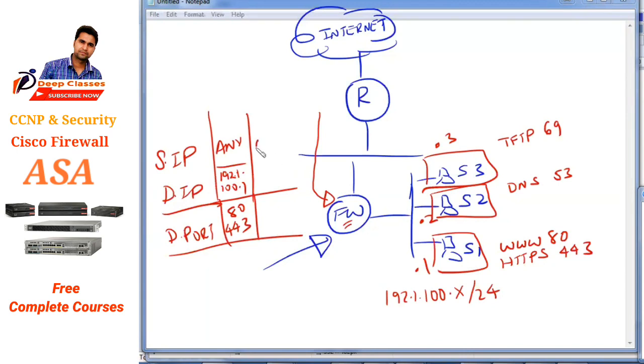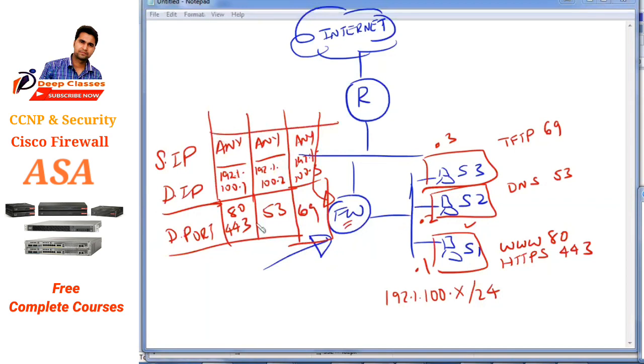Similarly, I'll have another rule that says anybody on the internet can come into 192.1.100.2. .2 is this guy for what? DNS. Agreed? And the third rule would be I want to allow anybody coming in for 192.1.100.3 for what port? 69.